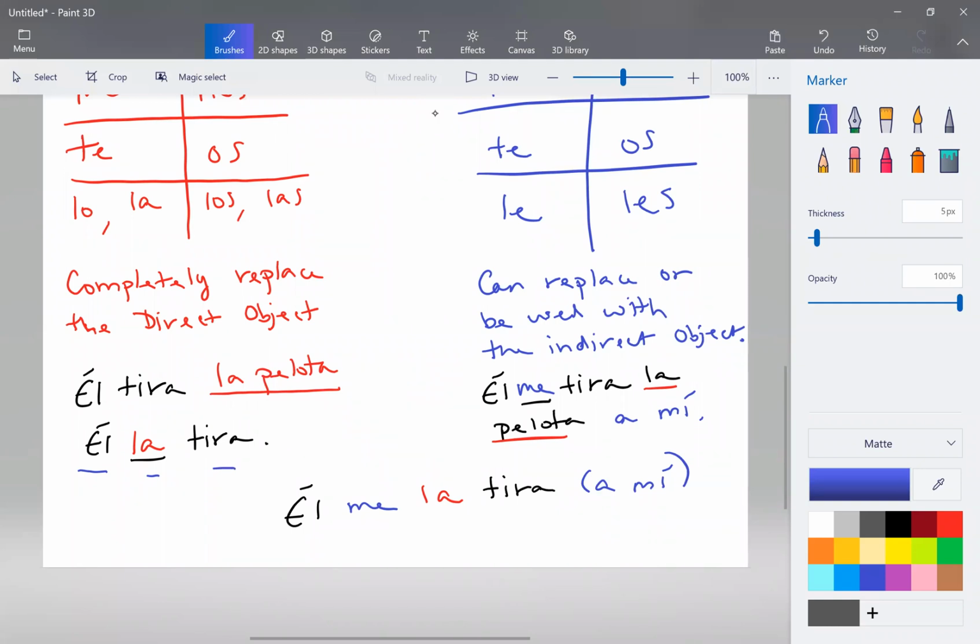And in él me tira la pelota a mí, we're saying he throws the ball to me. But what does this new sentence say? He throws it to me, exactly. Okay. Complicated.